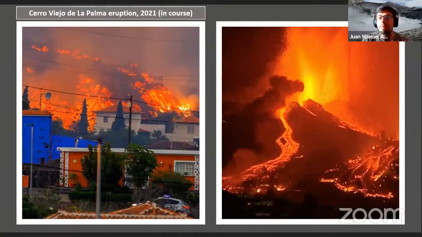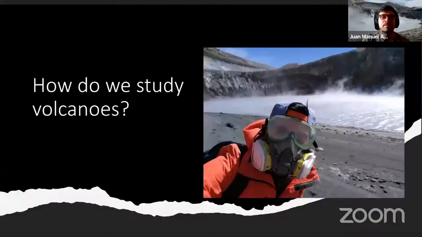Cumbre Vieja in La Palma, for example, the ongoing eruption is a lava eruption, an effusive eruption related to the shield volcanoes in La Palma, in the Canarias Islands. And then you have, for example, the Andes volcanoes that are all stratovolcanoes.